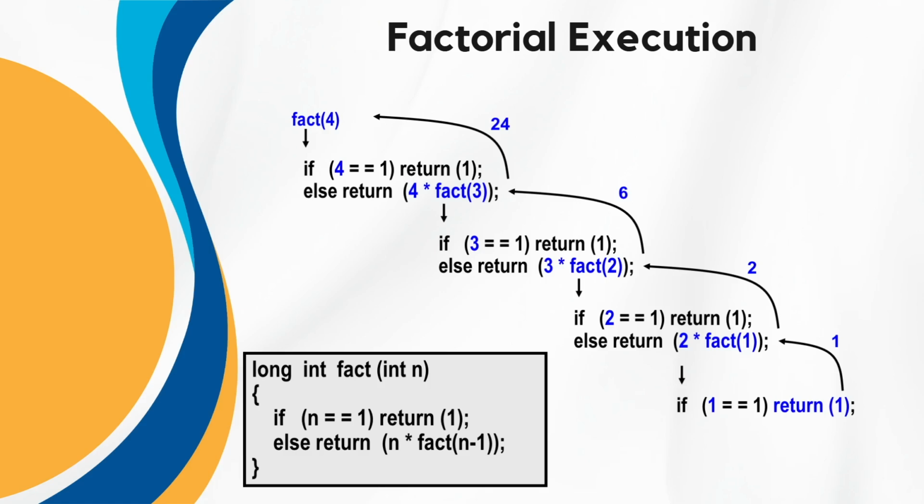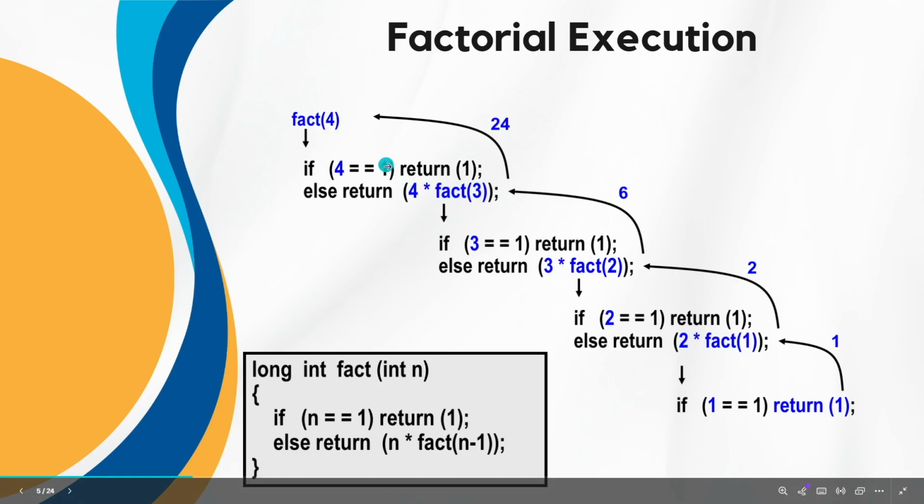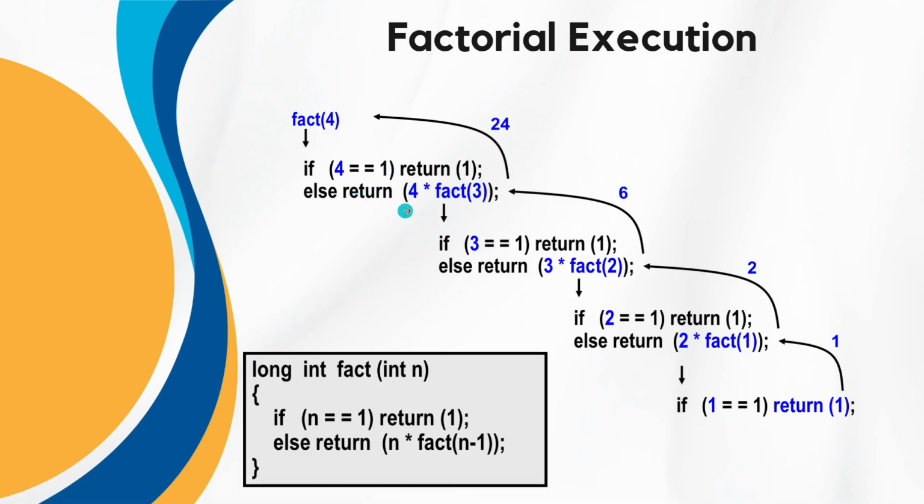So let us see how this actually evaluates. We make a call to the function with value for n as 4. So it is fact of 4. Initially the function expansion happens this way. We check whether 4 is equivalent to 1, and it is false. So we return n star fact of n minus 1. In our case, our n is 4.